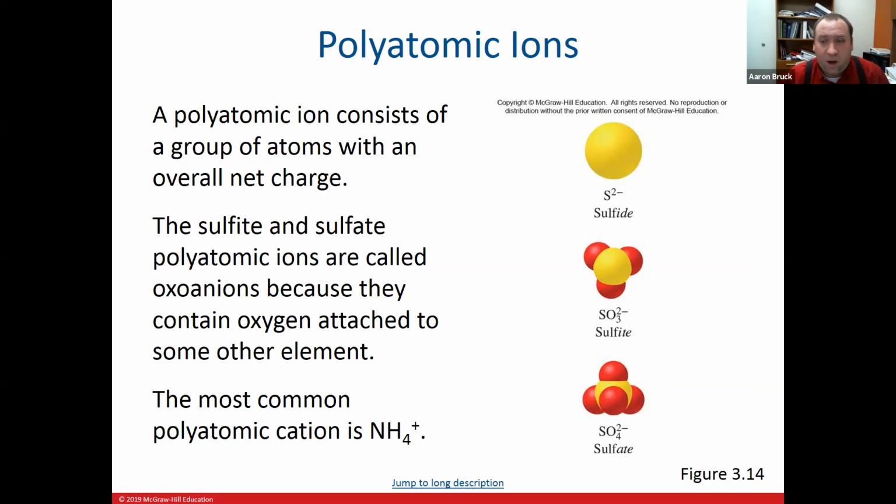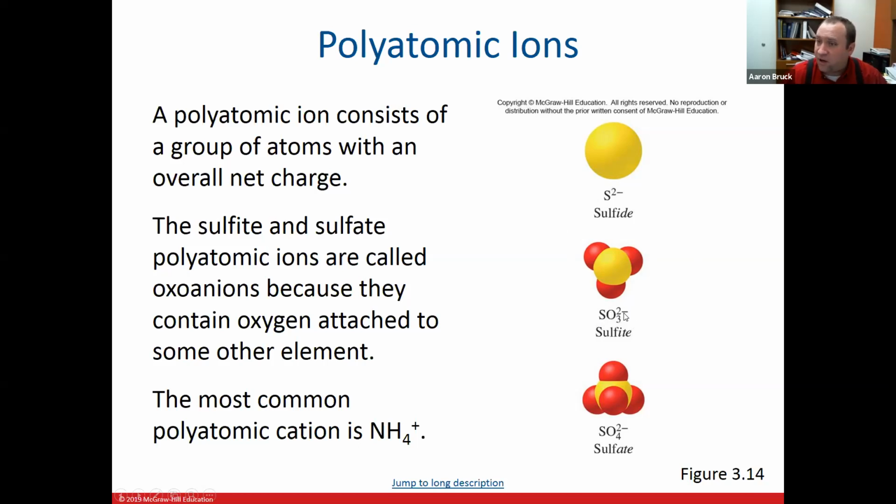When we get into polyatomic ions, we have to understand that polyatomic ions are a group of atoms that are bonded together that have an overall charge. So take, for example, sulfite. Sulfite has a sulfur and 3 oxygens that combined have a -2 charge.